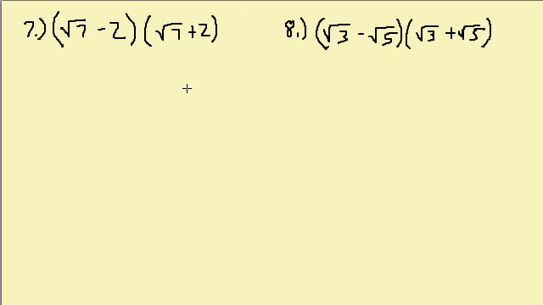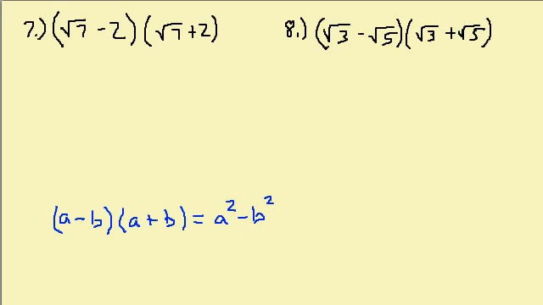Okay, here we have square root of 7 minus 2 times square root of 7 plus 2. Now here, if you notice, this is in the form a minus b times a plus b. And in this case, a is the square root of 7, b is 2, and this is equal to a squared minus b squared.